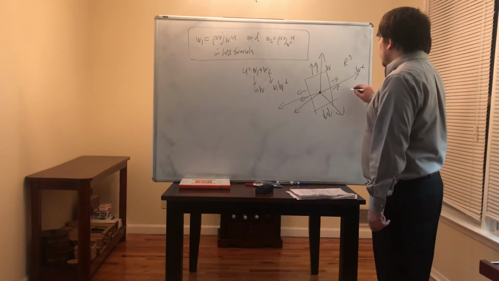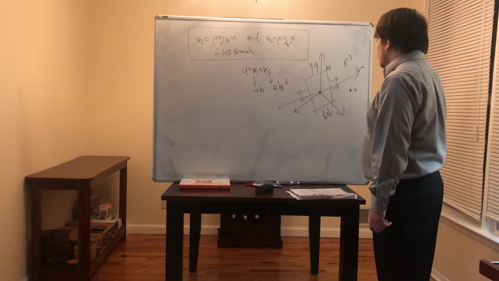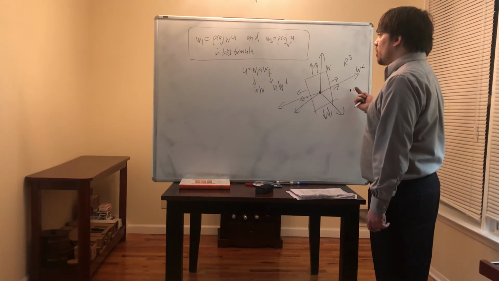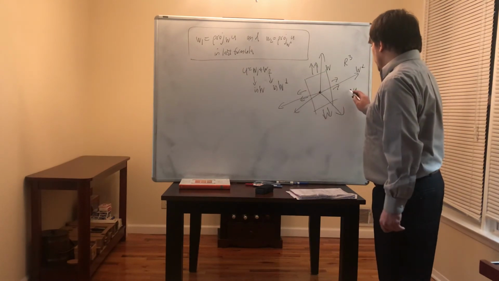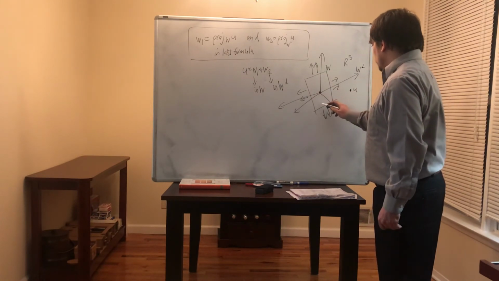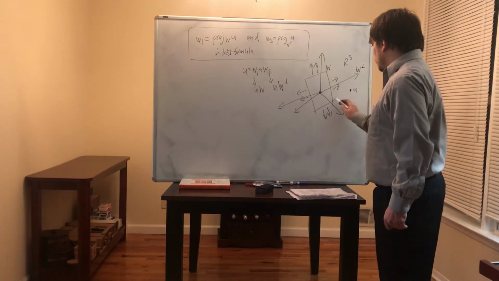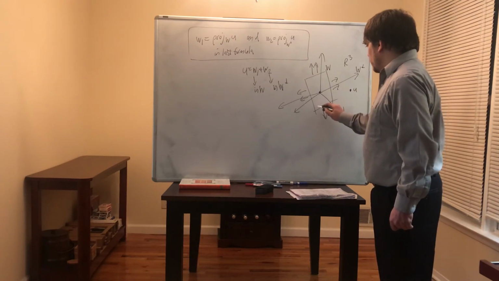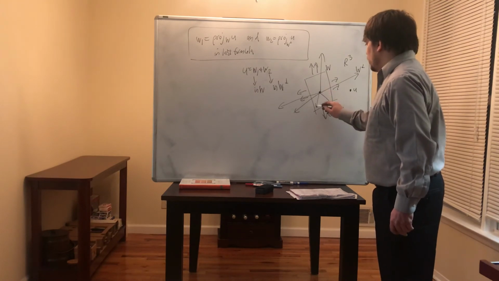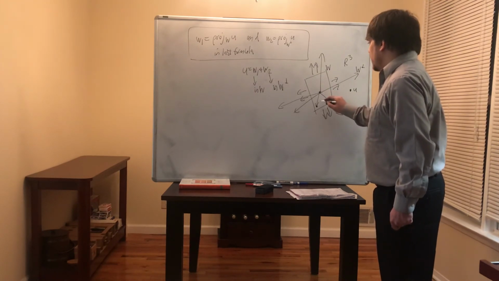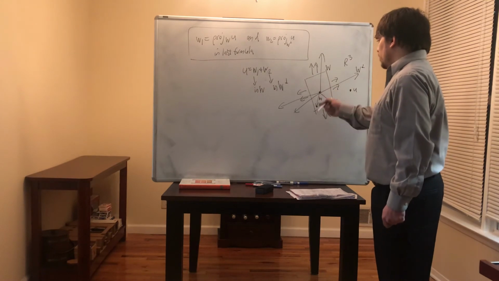And if I have a vector U here, then W1 is the projection of U onto W. Let's say the projection of U onto W is that. That's the projection of U onto W.